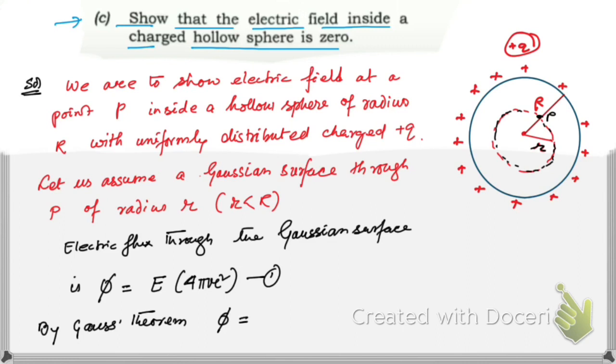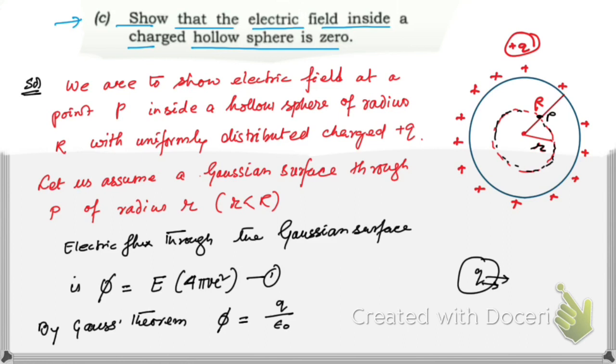According to the statement of Gauss theorem, the electric flux through a surface is 1 by epsilon naught times the charge enclosed by the surface, right? If a surface encloses Q amount of charge, then the electric flux through this surface will be given by Q by epsilon naught, right?